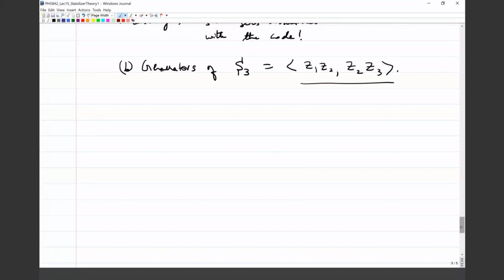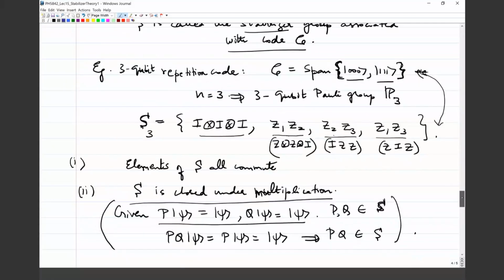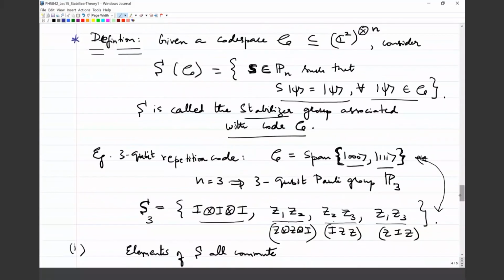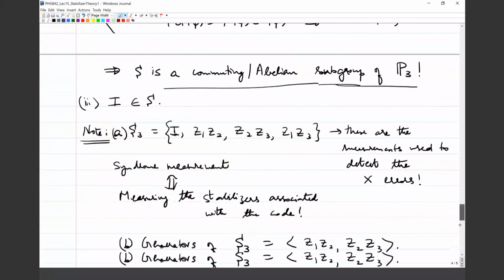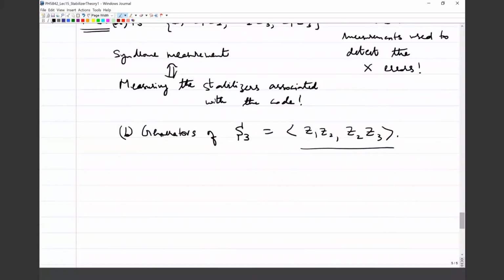So let me add a few more properties now. I just noted a few based on this example. Those were maybe the more trivial properties. We'll note down slightly non-trivial properties now.